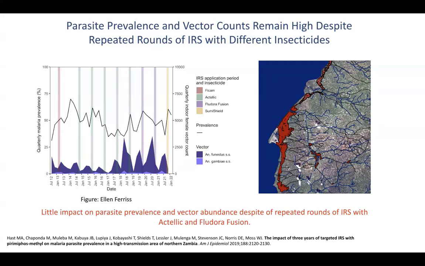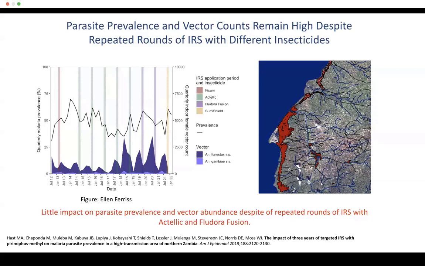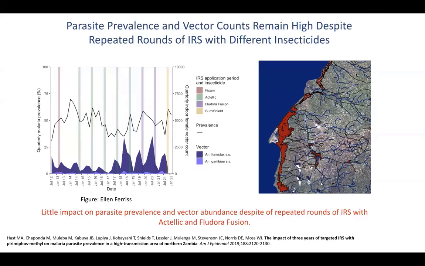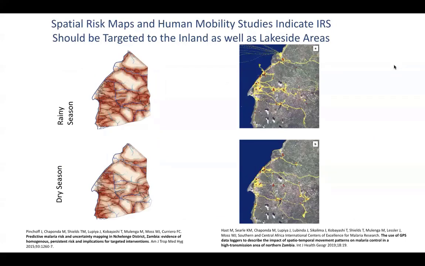Indoor residual spraying is a highly labor-intensive and expensive process, and so the initial rounds were targeted largely along the high population densities along the lakeside, with some small interior areas. What I want to show you in the next slide is how we can leverage geospatial data to guide both the timing and the spatial extent of indoor residual spraying or other vector control strategies for malaria.